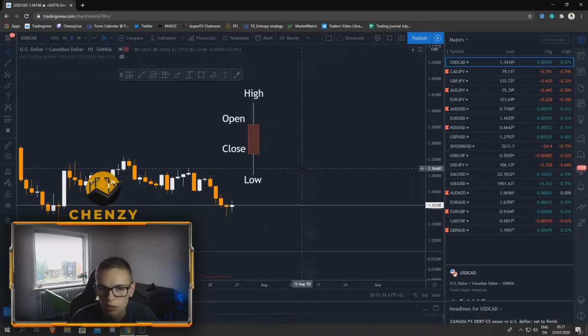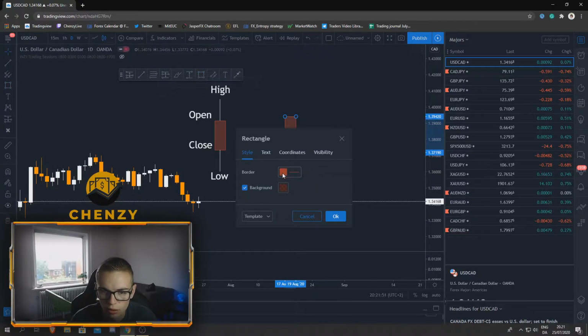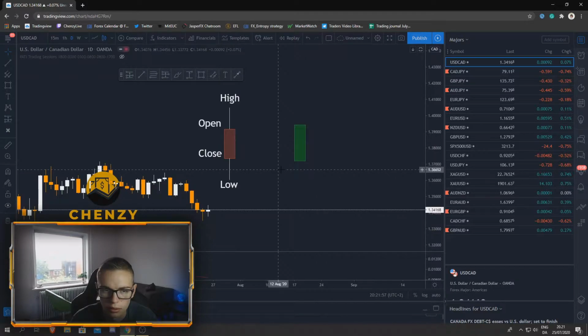Okay, let me draw a bullish candle for you guys. So we start with the open. Let me just mark it out in green so that it's easier for you guys to see. Okay, so here I've drawn the body of the candle so far.